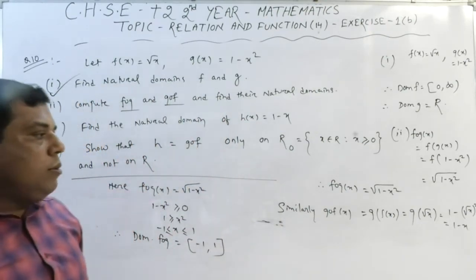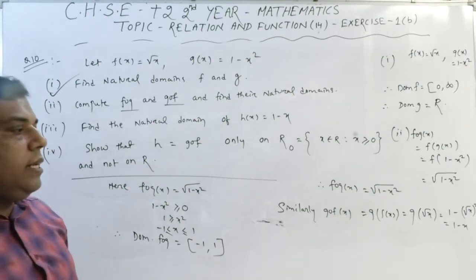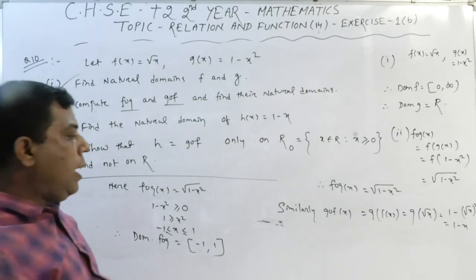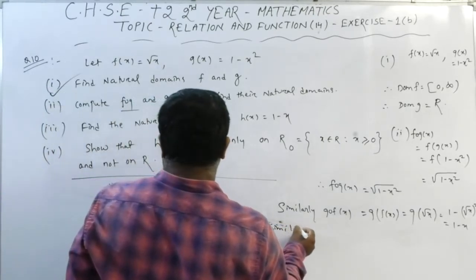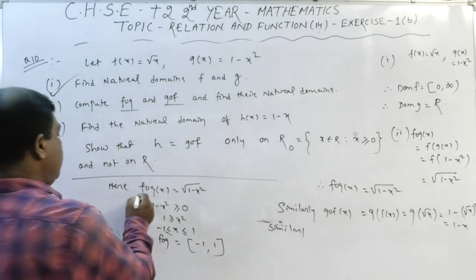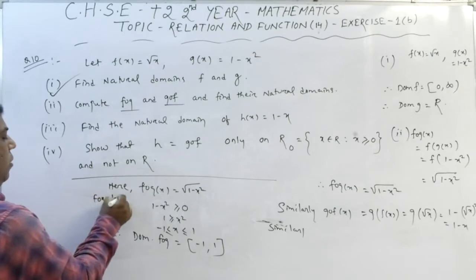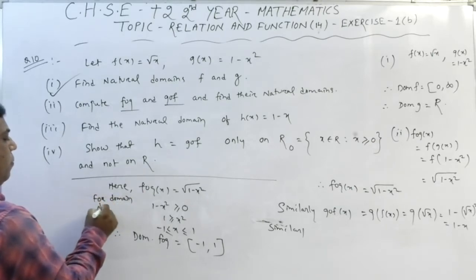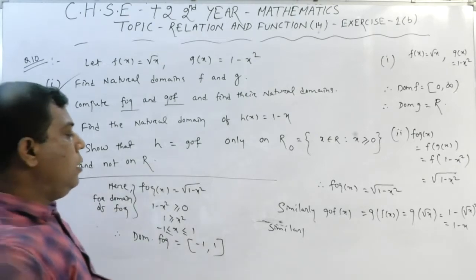That's why the value of x should be such that root x is positive. Okay. So similarly, this was evaluated for the domain of fog.